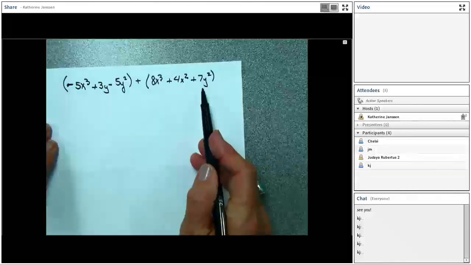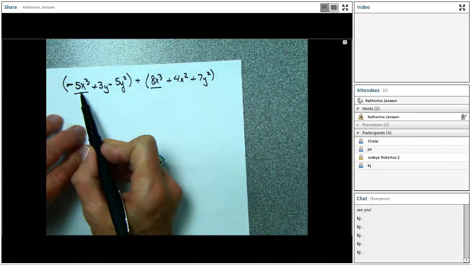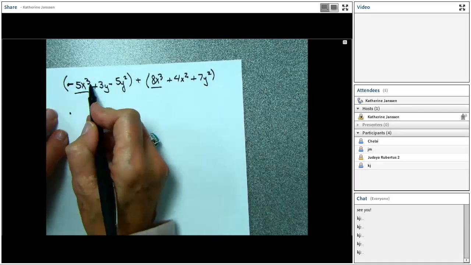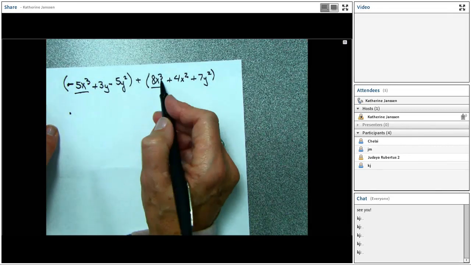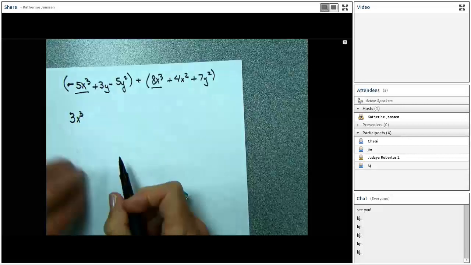You might approach this by columnizing like terms. I'm just going to collect like terms. I have x cubed and an x cubed, so I have a negative 5x cubed plus a positive 8x cubed would be a positive 3x cubed.